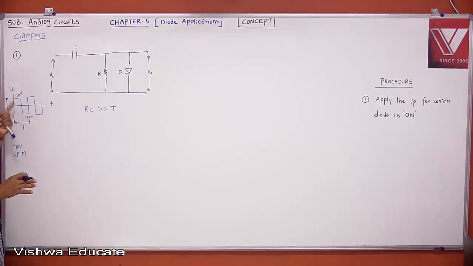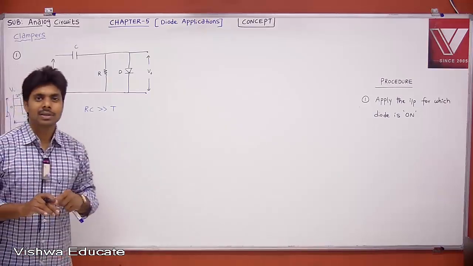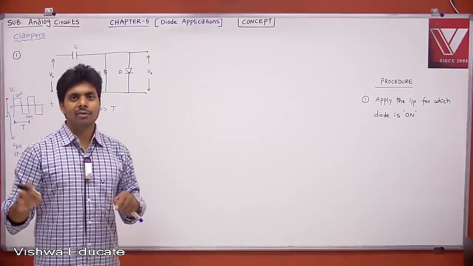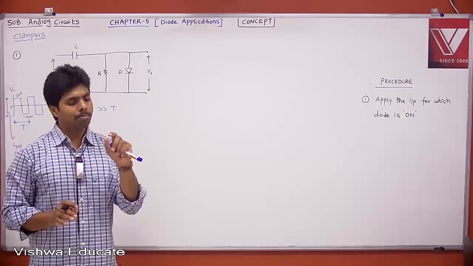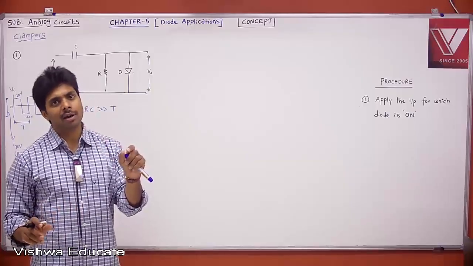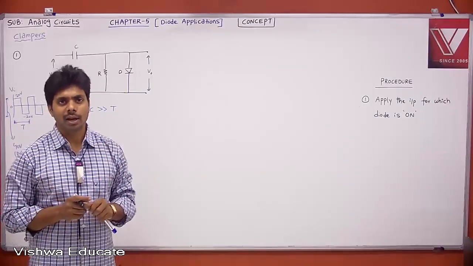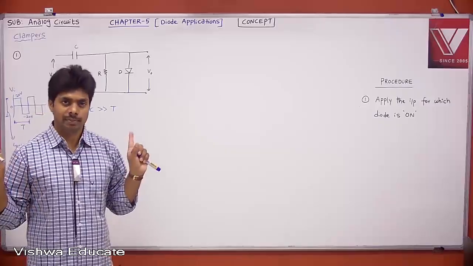Remember, here the square wave has only 2 levels, plus 20 and minus 20. If you know what's happening to plus 20 and minus 20, then you can say it is going up or going down, which we will see. But if you take a sine wave, trapezoidal waveform, a ramp signal, or a triangular waveform, any signal having a maximum value, minimum value, or positive peak, negative peak, just deal with the peaks.